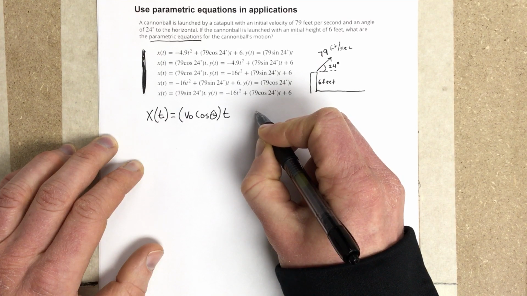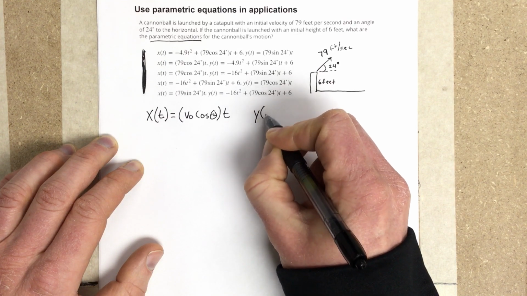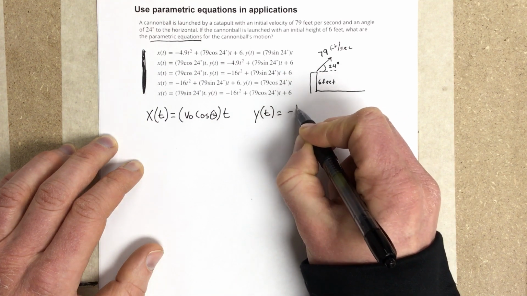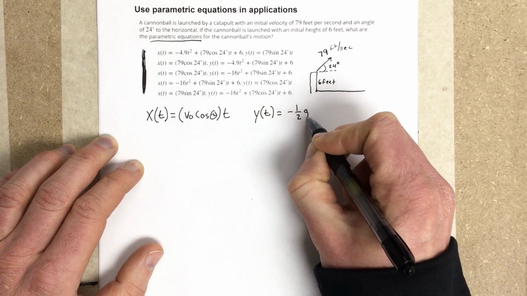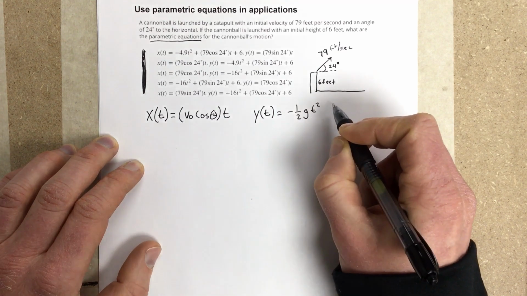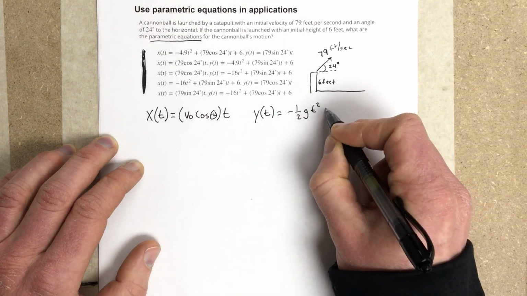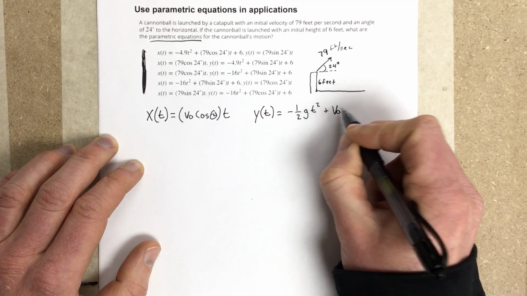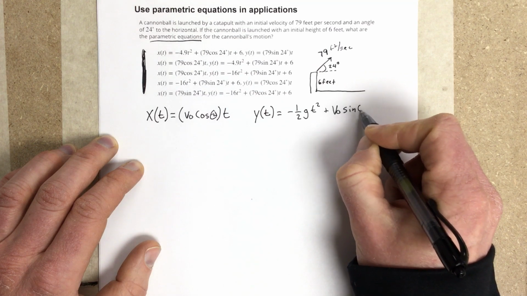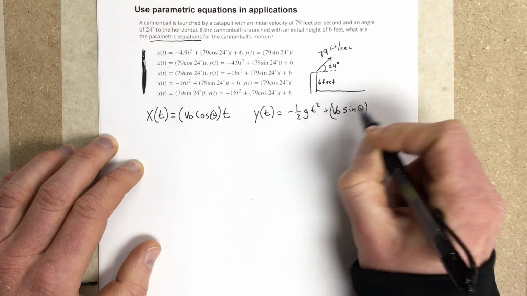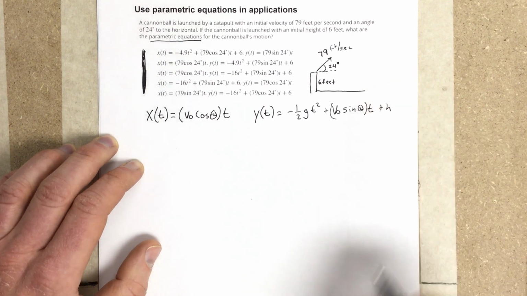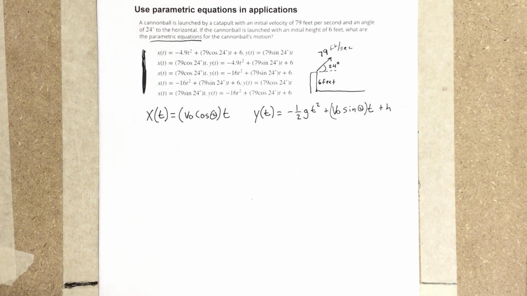And then y, the position of y with respect to time, is going to equal negative 1/2 g t squared plus V0 sine theta, that's all in parentheses, t plus h.